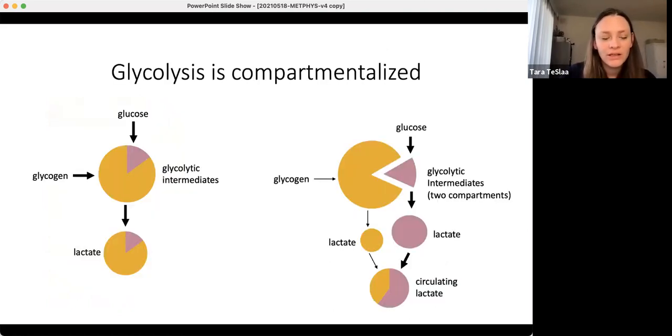So we think that glycolysis is also compartmentalized into specific cell types within tissues. For example, the intestine would have a cell type that's using glucose and producing lactate at a high rate, while glycogen may be used in the rest of the cells and account for a lot of glycolytic intermediate, but not a lot of lactate production.